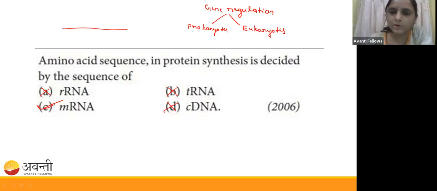We know that the prokaryote is very simple, that is a bacteria, and the eukaryote consists of so many genes and the chromosomes are present in the eukaryotes, right? In the prokaryotes the chromosomes are suspended in the cytoplasm, whereas in the eukaryotes we have the nucleus in which the chromosomes are present. So the DNA is present in the nucleus, right?